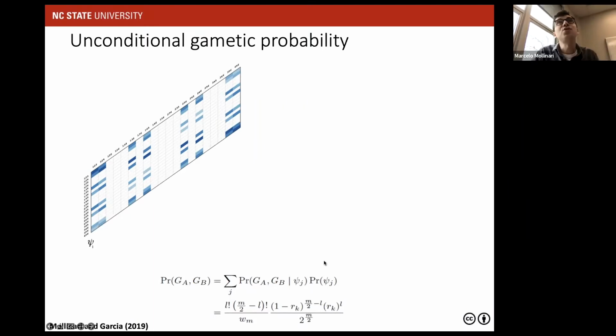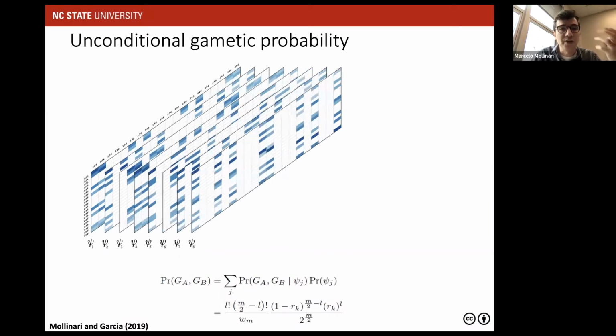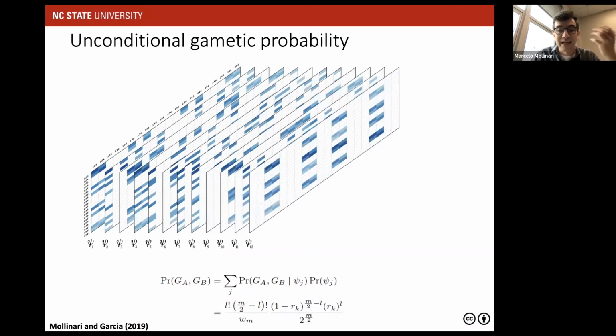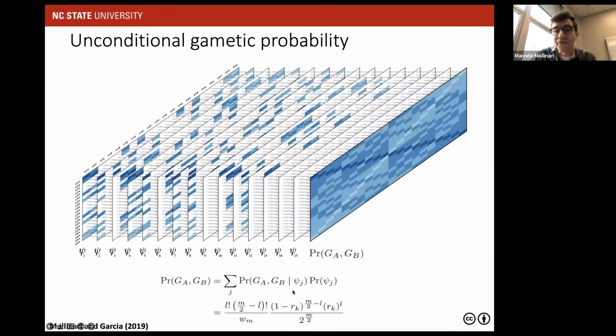And here, since I'm assuming that I have an autopolyploid, all these configurations have the same probability. So I can sum over all possible configurations, 15 for a hexaploid, for one gamete. And if I sum across all these configurations, I will have this formula here. This is for one gamete, okay? And then I can fill this whole matrix here. And as you can see, there's a pattern in this matrix. This is very important.